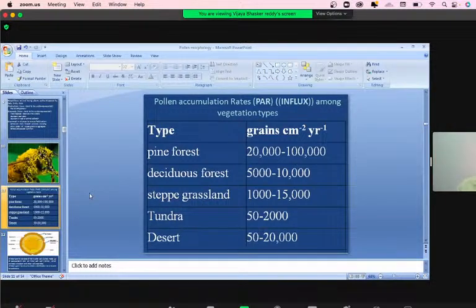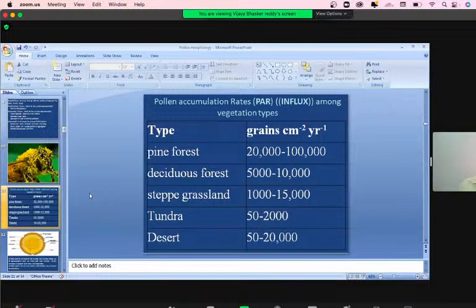Deciduous forest has such a range, and the steppe grasslands and tundras, even desert plants, you see, cacti, 50 to 20,000, that much number of pollen grains produced near the plant. So there is a difference between the pine forest and the desert plants.